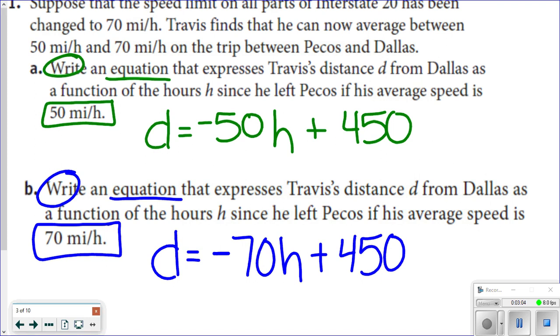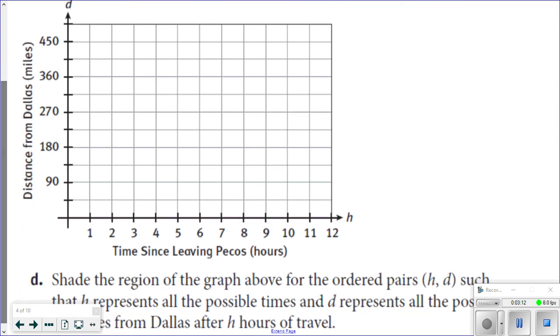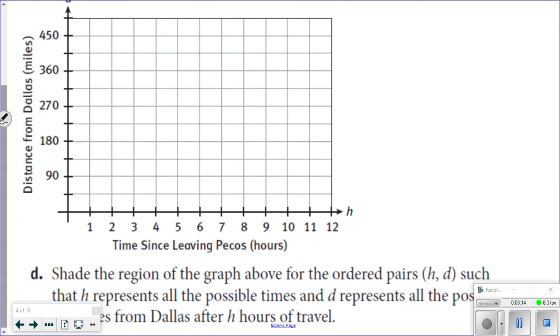Question C. We're going to graph both of these equations from letter A and B. But if you remember from before, we're going up by 45s here. So it's going to be very difficult to figure out how to go down 50 over 1 and down 70 over 1.